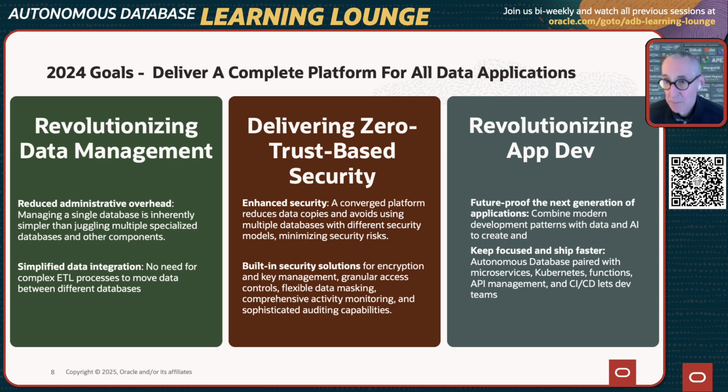So we baked zero trust-based security into not only the cloud platform, OCI, but also into Autonomous Database. And all of that gets pushed out. If we're running Autonomous Database on Azure, on Google, etc., that zero trust process that's baked into the database is there.